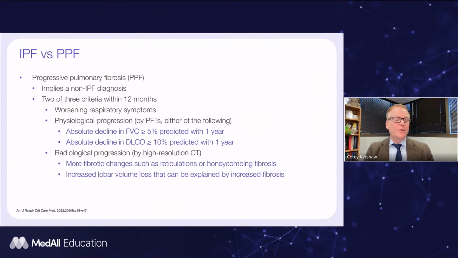So those criteria are worsening respiratory symptoms, physiologic progression, and you can see the definitions of physiologic progression there, or radiological progression, worsening on the CT scan. If you meet two of those three criteria within 12 months, then you can diagnose your patient with progressive pulmonary fibrosis, even if they don't have an IPF diagnosis.